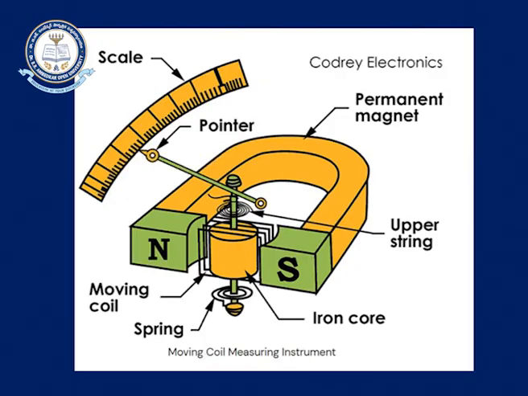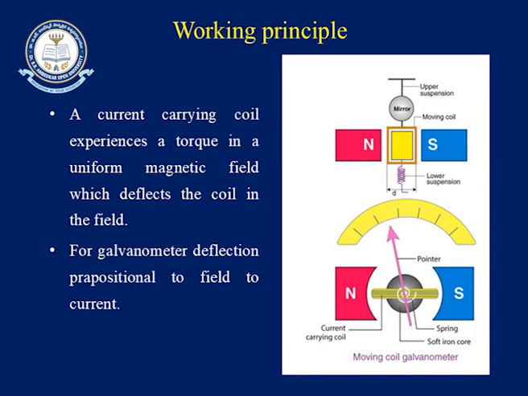So finally, some torque is produced. In the working principle, whenever torque is produced, current is conducting. So this works on the principle of torque in a uniform magnetic field, and using that the coil is deflected to one side. Finally, the galvanometer deflection is directly proportional to the current produced.